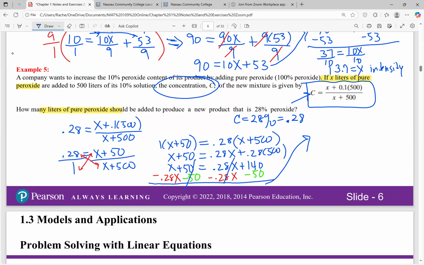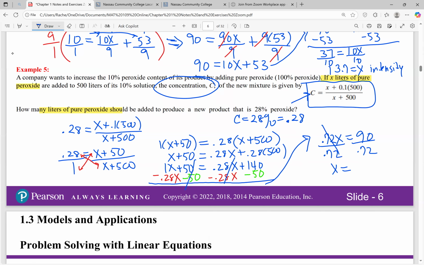So we're going to end up with, think of this as a 1x minus a 0.28x. That's going to be 0.72x. And then equals 140 minus 50 is 90. We want 1x, so let's divide by 0.72. So we're going to get x is equal to 90 divided by 0.72.